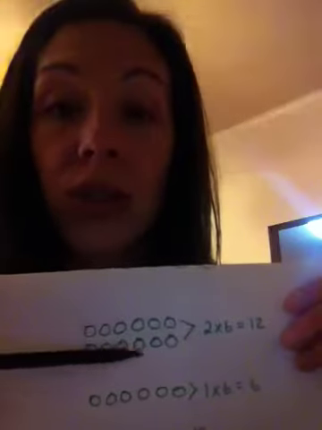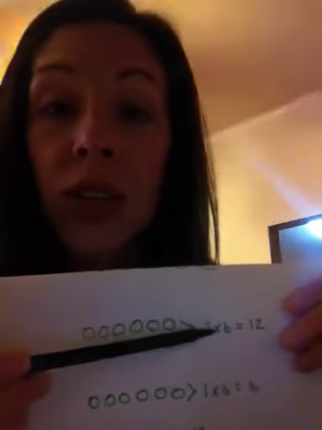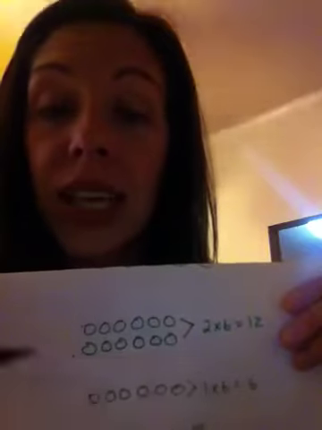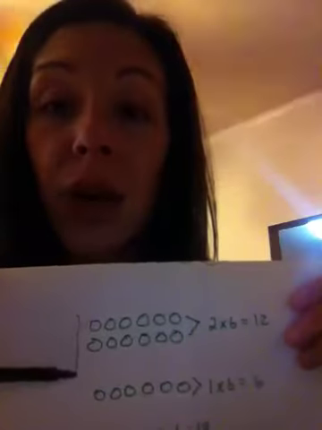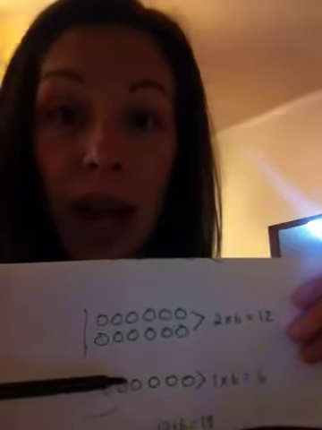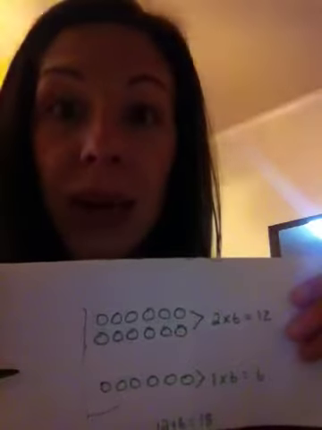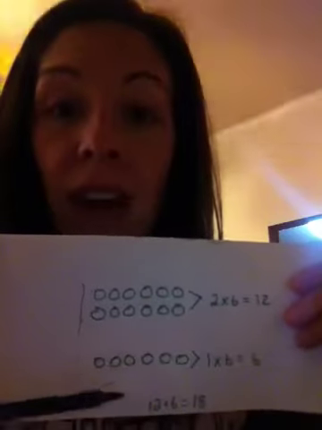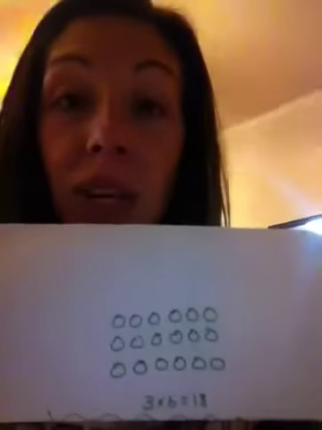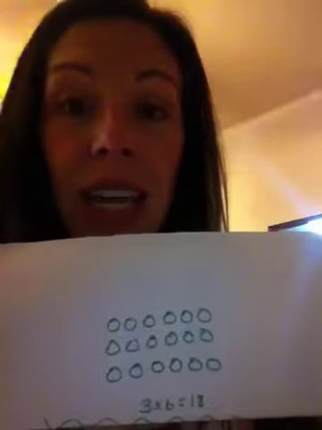Here are 2 rows of 6 and 1 row of 6. 2 times 6 is 12, and 1 times 6 is 6. If I put these back together, it would be my 3 times 6 array, and I would get the same answer. If I add the 12 plus 6, I get 18. That is the same as my 3 times 6 array, 18.